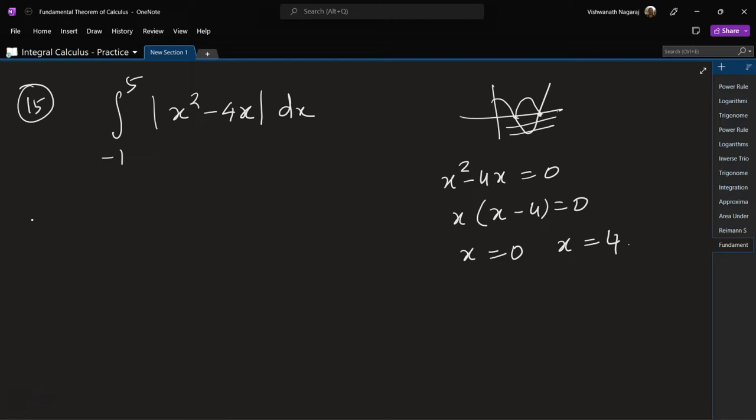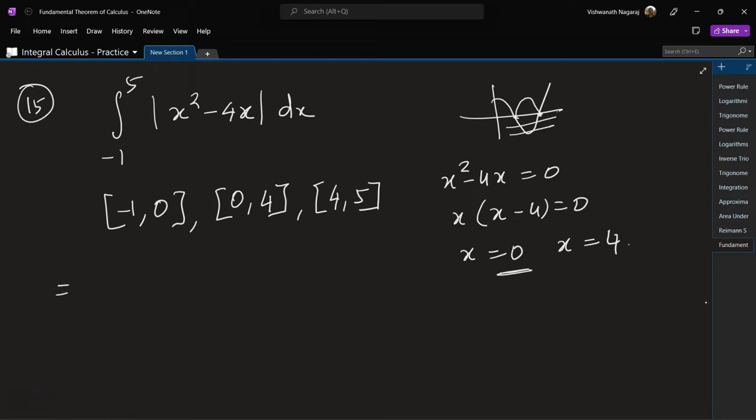So these are the points at which the curve comes up instead of going down because of the absolute value. Which means our interval actually becomes minus 1 to 0, 0 to 4, and from 4 to 5. So we have to take the integral in these three intervals and then add them up.